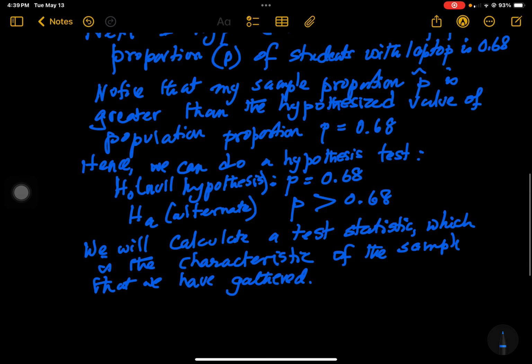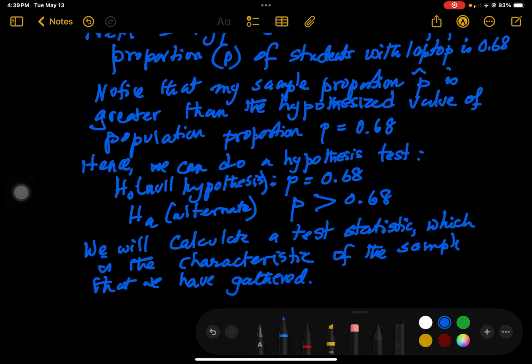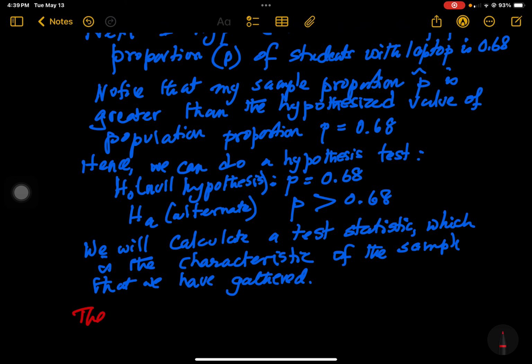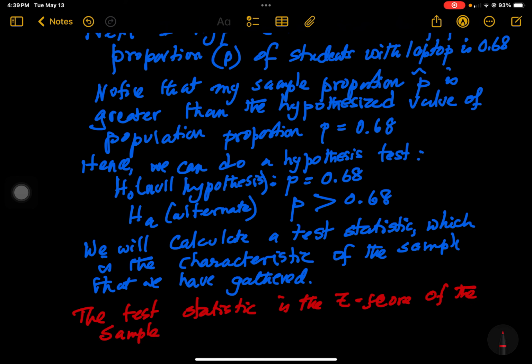The test statistic is the z-score of sample proportion, p hat.